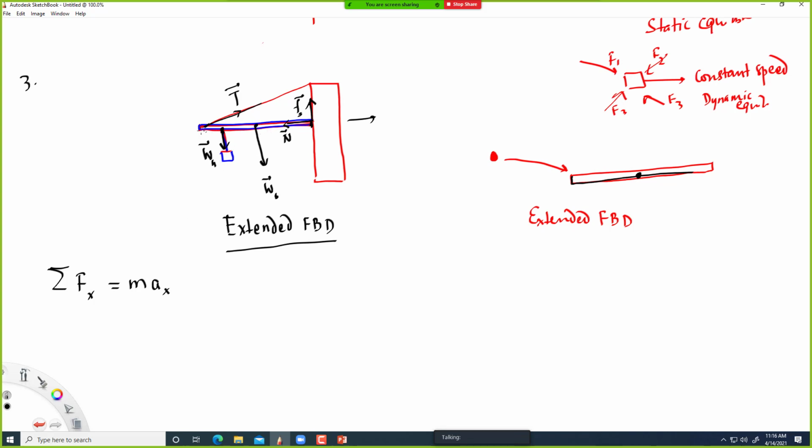We need to write all the forces along the x direction. So we choose this to be positive x, this to be negative x, this to be positive y, and this down to be negative y. Focus only on the forces along the x-axis. Yes, normal force. Is it positive or negative? Negative. So normal force, and what else?